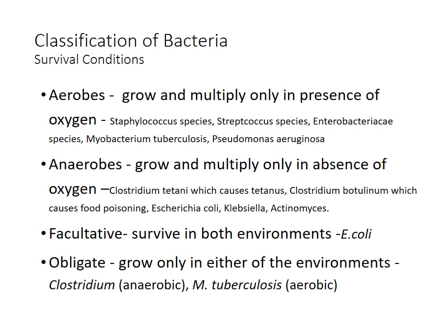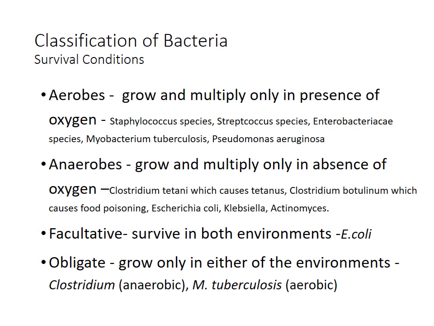Now, again, bacteria are also classified depending upon their survival conditions. For example, there are certain kinds of bacteria that require oxygen for survival. Examples are Staphylococcus species, Streptococcus, Enterobacteriaceae, Mycobacterium tuberculosis, and Pseudomonas aeruginosa. There is another class of bacteria that doesn't require oxygen.